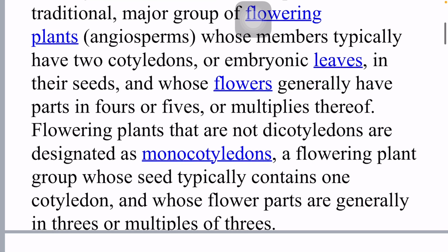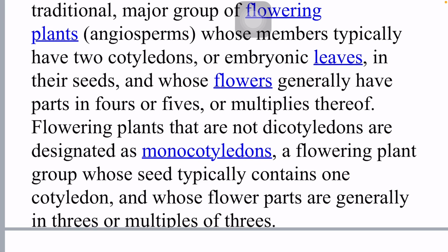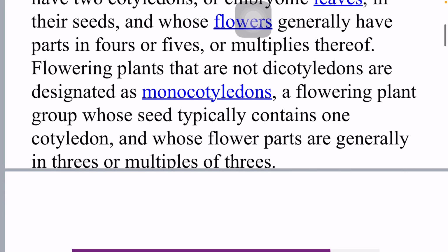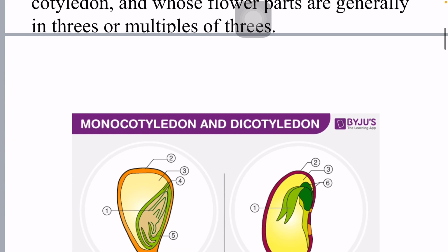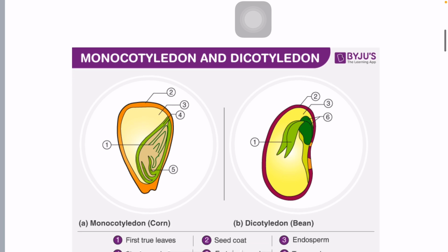Flowering plants that are not dicotyledons are designated as monocotyledons. A flowering plant group whose seed typically contains one cotyledon, and whose flower parts are generally in threes or multiples of threes.